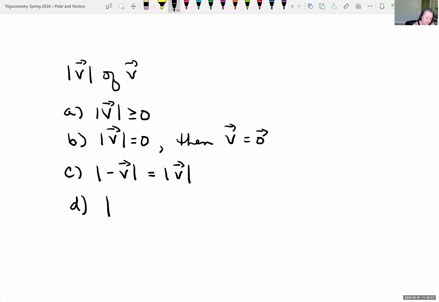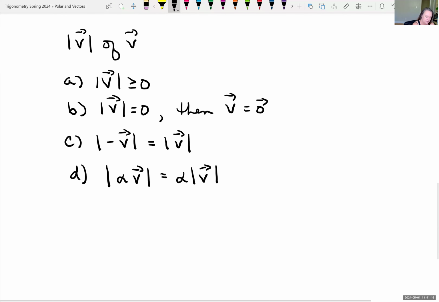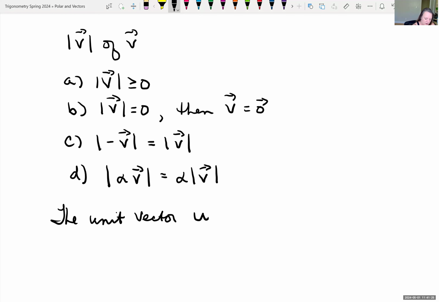If you were looking at the length of a scalar times a vector, so the magnitude of theta times v, this is the same thing as theta times the magnitude. And not theta, I put alpha. Alpha times the magnitude of v. The unit vector, let's call it u.